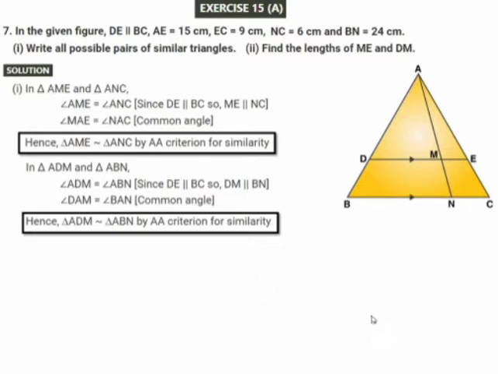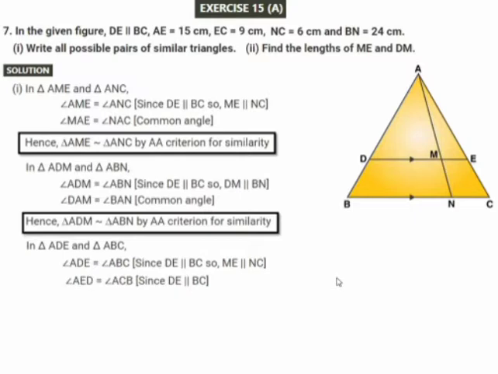Now, are there any pair of angles left? I see that this triangle and the biggest triangle are still left. In these two triangles, we see angle ADE is this angle and ABC is this angle. They are equal, you know why? Because they are again corresponding angles. And there's one more thing, that is AED. AED is this angle and ACB is this angle.